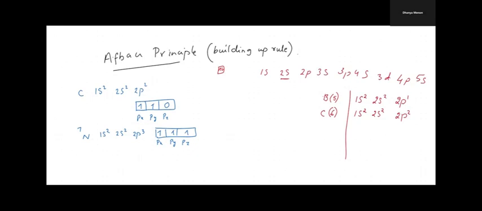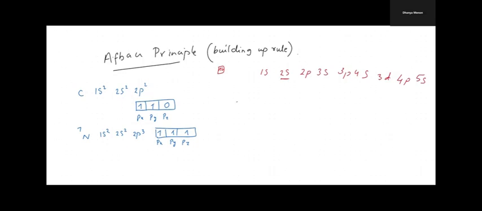Similarly, nitrogen, it will remain as single electron in each of the orbitals. Now you will see the difference when I show you the next one. Of course, when they get excited, when they get energies, they can pair up. But for now, they are like this. Okay, so the next one is oxygen.